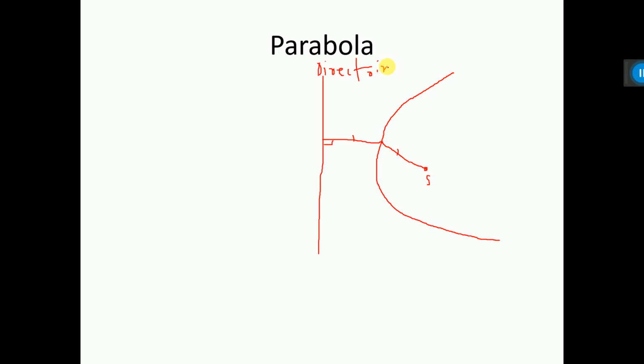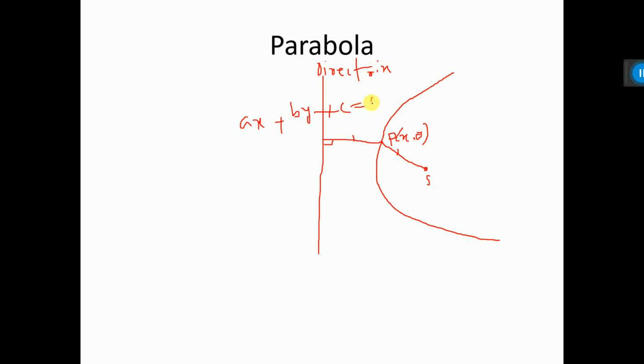Now see, this is the parabola actually. Parabola arises from here. Now this point I consider P(x, y). And this line, this is a straight line, so ax + by + c = 0.